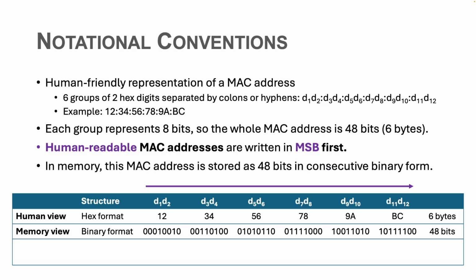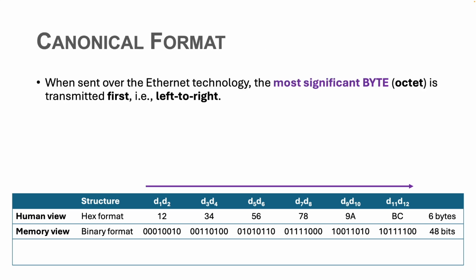Now, inside the computer's memory, this MAC address is stored as 6 bytes or 48 bits in straightforward consecutive binary form. When sent over the wire, more specifically over the Ethernet technology, the most significant byte, be careful, octet, is transmitted first, left to right.